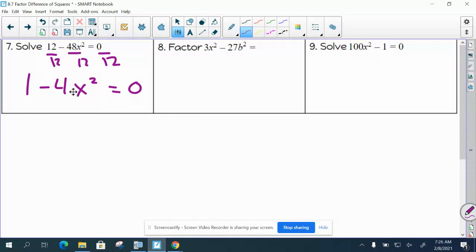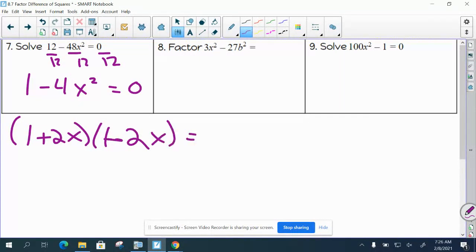And now this is a difference of squares because 1 is actually a perfect square. The square root of 1 is 1. So we would have 1 plus 2x, and then 1 minus 2x. So then the solutions would be x equals plus or minus, move the 1 over, then divide by 2, 1/2.